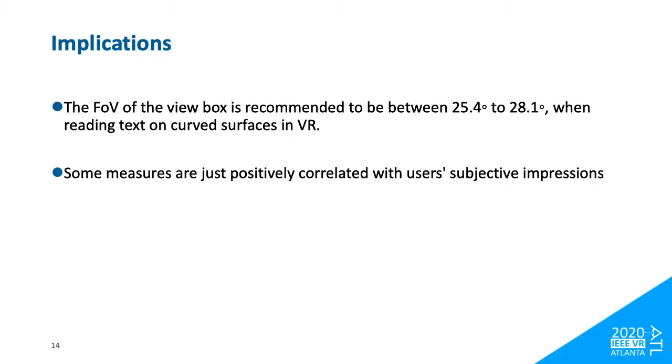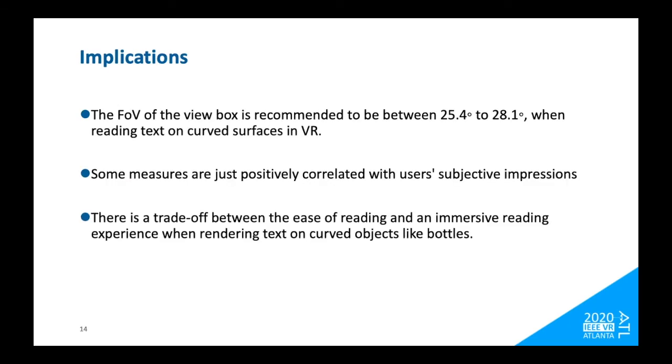And some measures like comfort level are just positively correlated with the users' subjective impressions, but not shown to be correlated with the actual reading performance. You could say that it correlates with the feelings of the readers, not the actual performance.